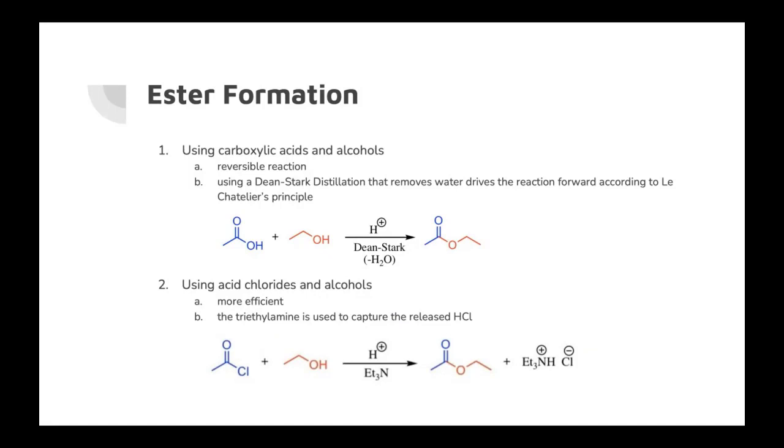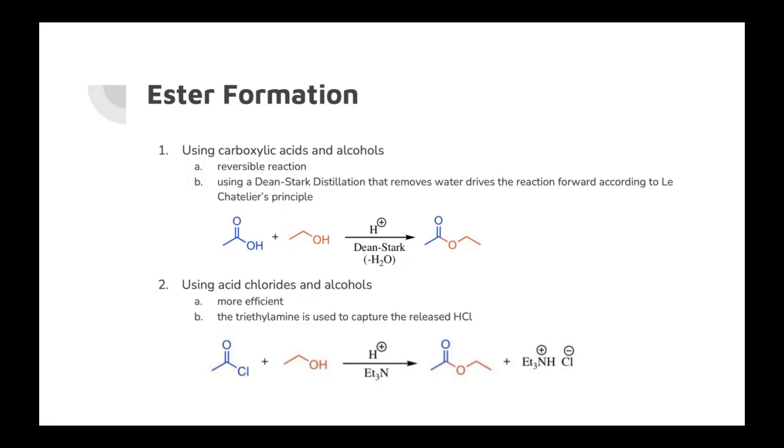To push the reaction in the direction of ester formation, we use Le Chatelier's principle, which is basically you remove something from one side to push the reaction in the other direction. So in our case, we're removing water, and that removal of water is called the Dean-Stark distillation. So that process, you basically see the carboxylic acid OH and the alcohol OH.